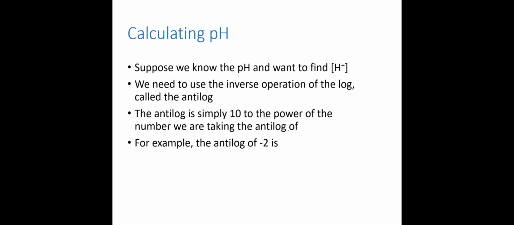So for example, if we wanted to take the anti-log of -2, it's just 10 to the -2 power, or 0.01. So if you've had an intermediate algebra class, you'll be able to discover the important relationship here, which is that proton concentration is equal to 10 to the negative pH value.